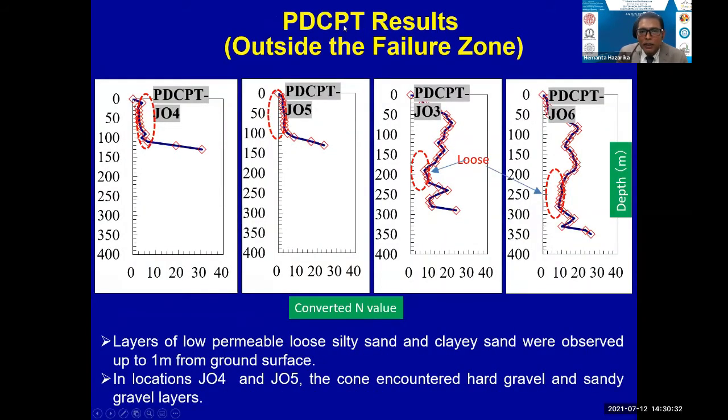Our PDCPT results also confirm the existence of the loose soil layer at the top, and also somewhere around 2 to 2.5 meter depth. So the resistivity analysis and PDCPT results show a similar trend.